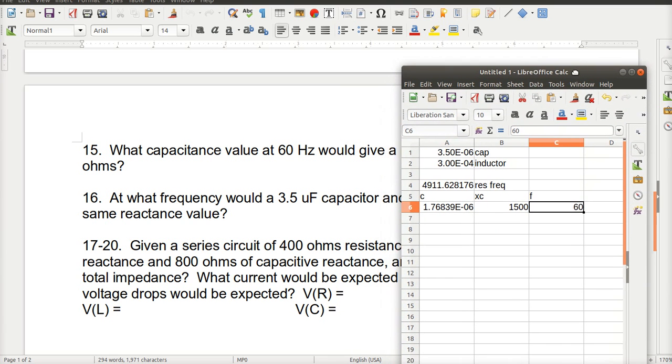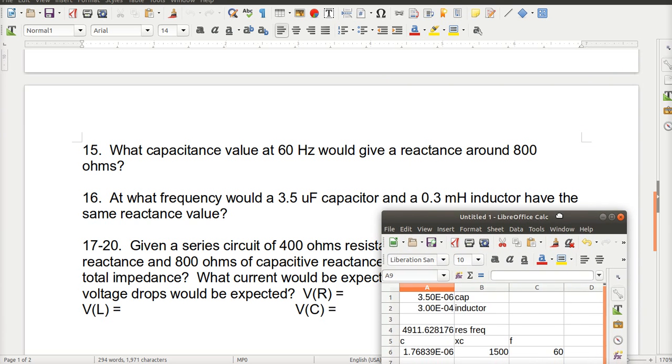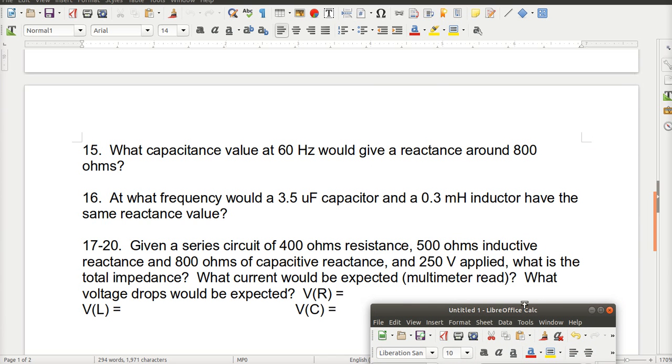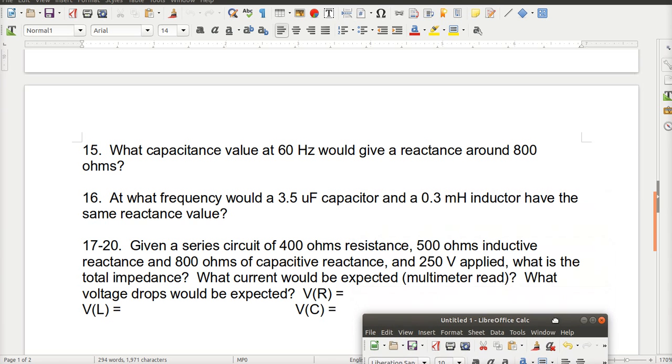So if I take either my inductive reactance or my capacitive reactance at 4912, so what is it? I didn't ask for that value, I just asked for what frequency. I didn't ask what the value of the reactance would be. So I'm just asking for the frequency, and that is the resonant frequency. That's what I'm asking for. Okay, I beat that one up.